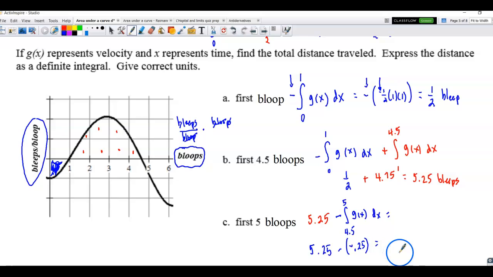So that's actually going to make us add that in, so about 5.5 bleeps. All right, so this is your first experience with area under a curve. So hope this helps.